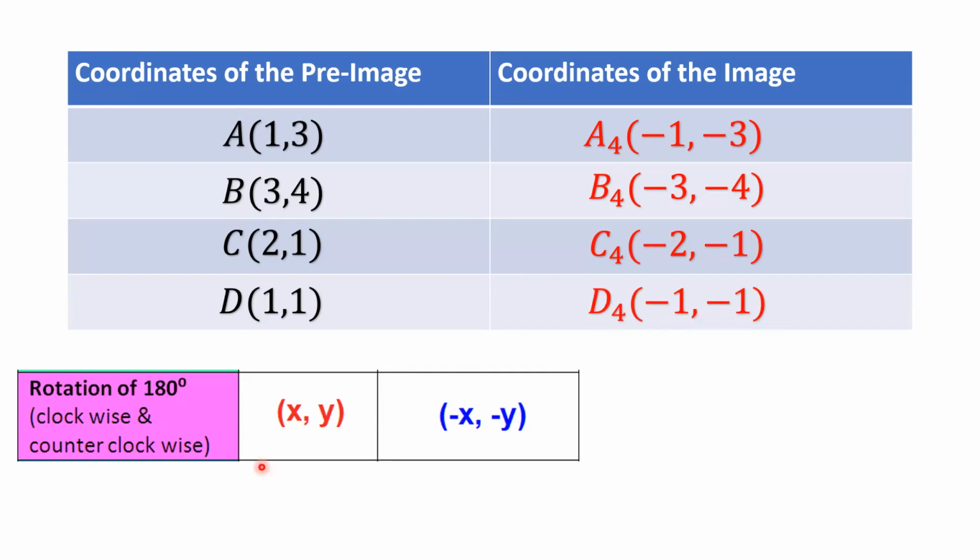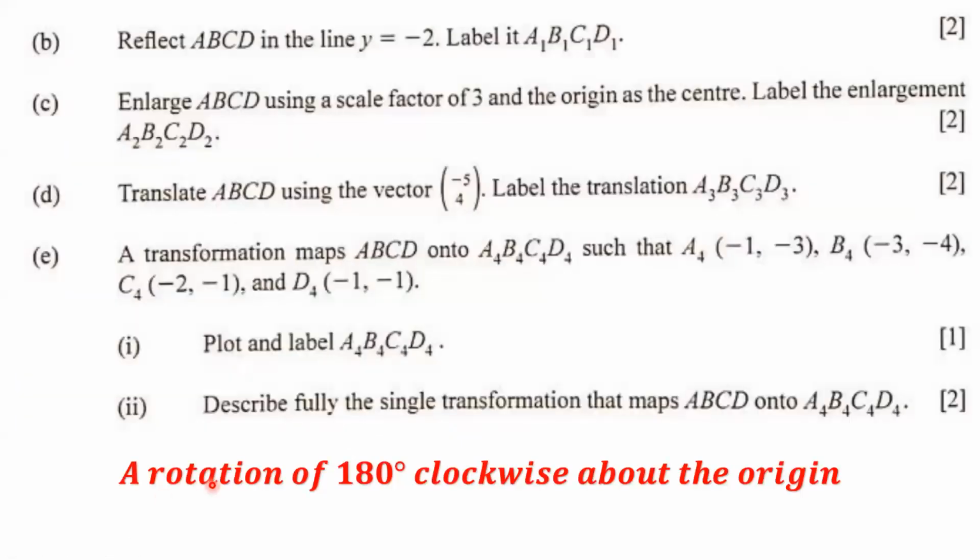Okay, and so that means that this is definitely a rotation clockwise or counterclockwise of 180 degrees about the origin. And so if we were to describe that, we'd say rotation of 180 degrees clockwise about the origin. That's the description of the single transformation that maps A, B, C, D to A4, B4, C4, and D4.